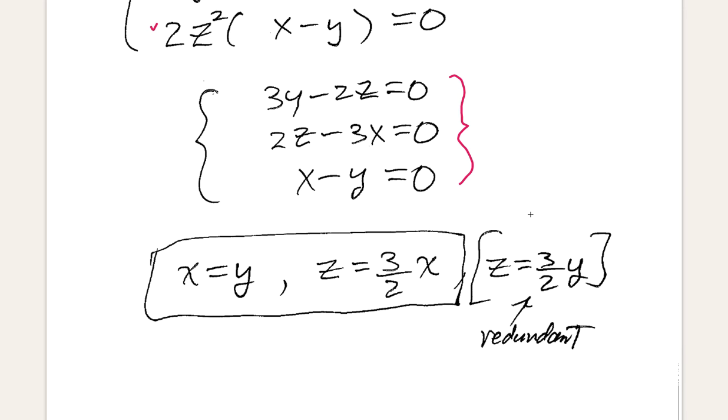Now, if you actually work these out, you're going to find one of them is redundant. So you take any 2 of them that you like. I took these two. These 2 together imply the one at the top. Actually, any 2 imply the other one. So we're just going to ignore that one.